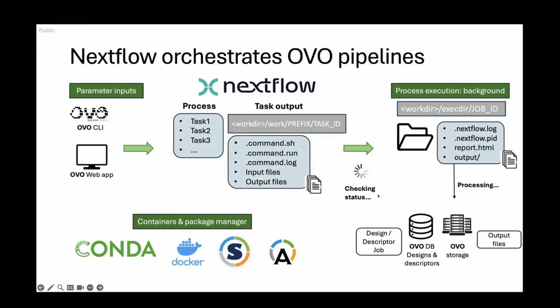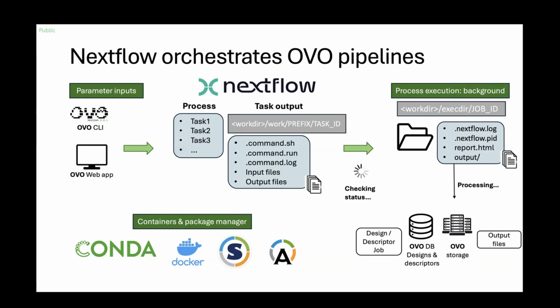And if you are in the web app, the status is checked continuously. Afterwards, at the end of the process execution, all the relevant output files are stored in this work directory, uniquely identified by the job ID, and the outputs are processed and saved in the Ovo storage. Together with the Ovo storage, the descriptors that are calculated in ProteinQC associated with each design, as well as the design metadata, are stored in the database.